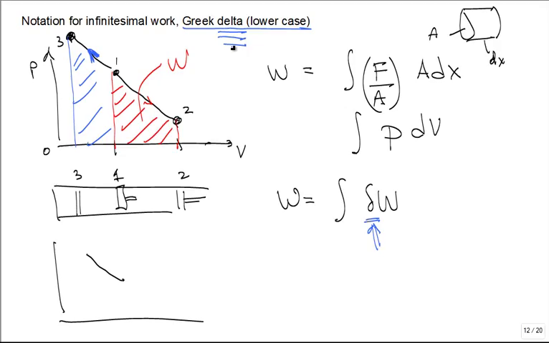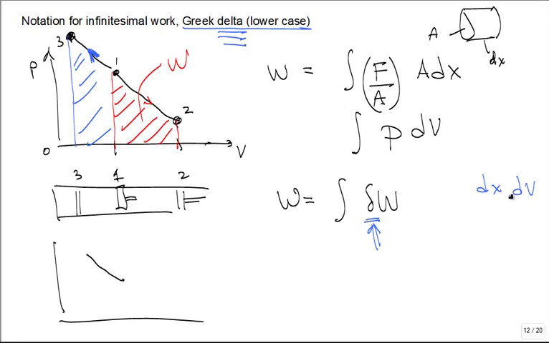Just like dx, an infinitesimal displacement, or dV, an infinitesimal change in the property. But work is different than volume and pressure. It's not a property.